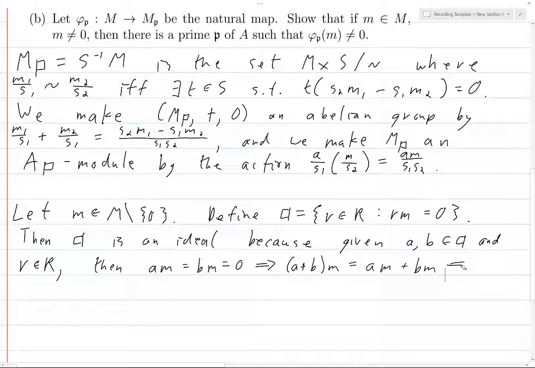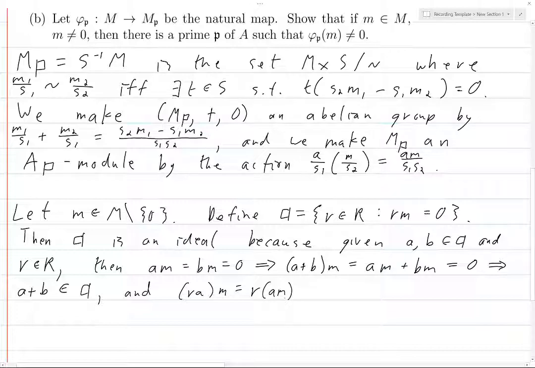But this is 0 plus 0, which is 0, and so this implies that a plus b is in A, and so we have closure under addition. And if we have the element ra acting on m, then we use associativity, because associativity is given to us by the module action.